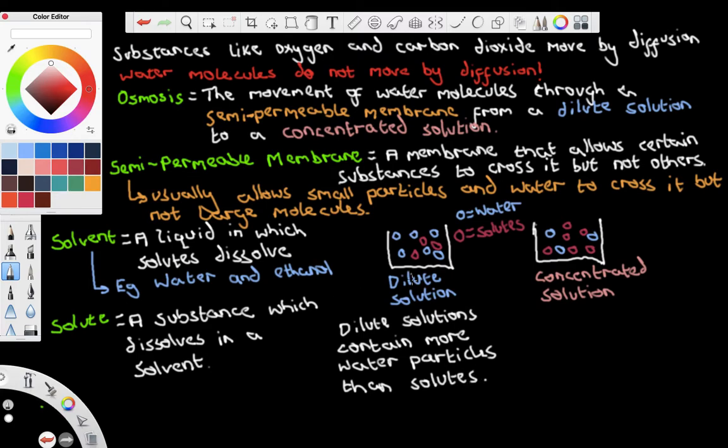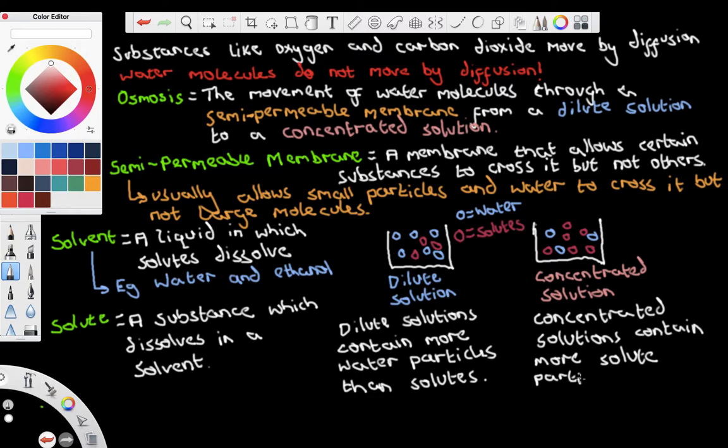On the other hand, concentrated solutions contain more solutes than they do water. Contain more solute particles than water particles.